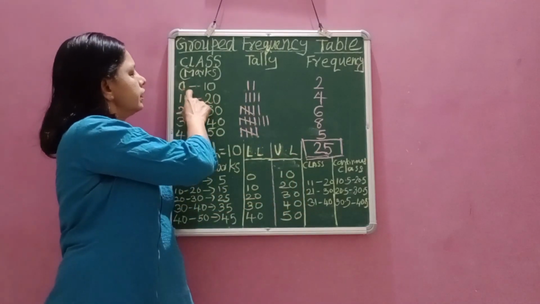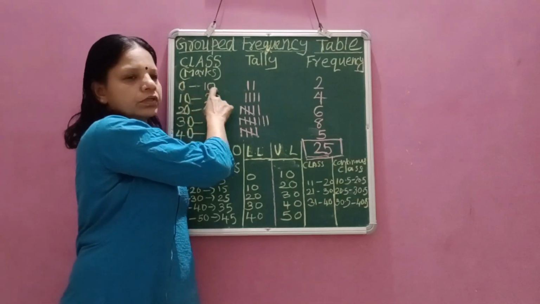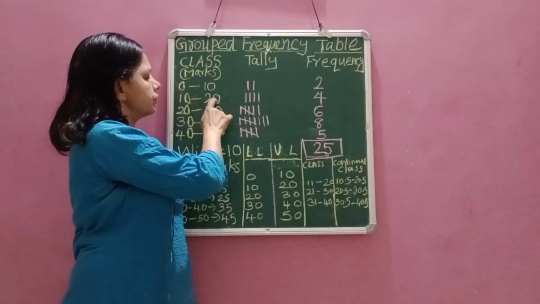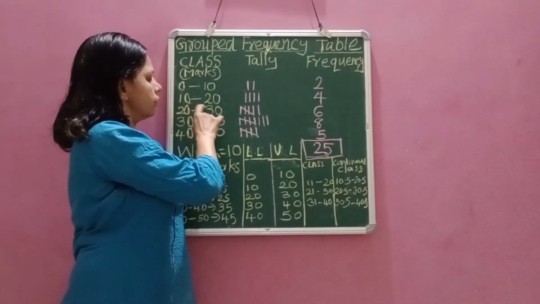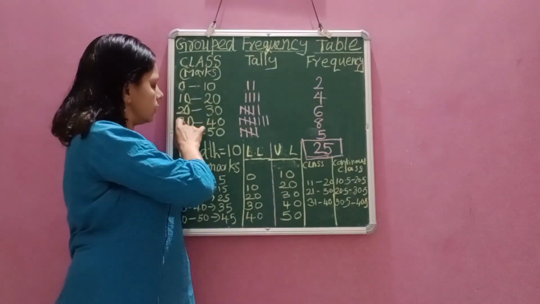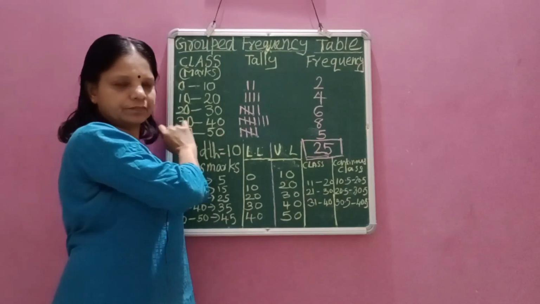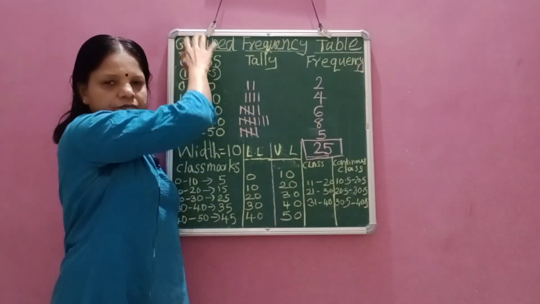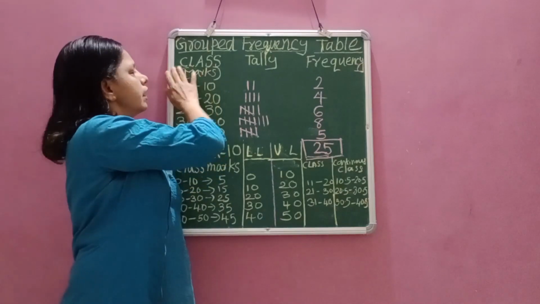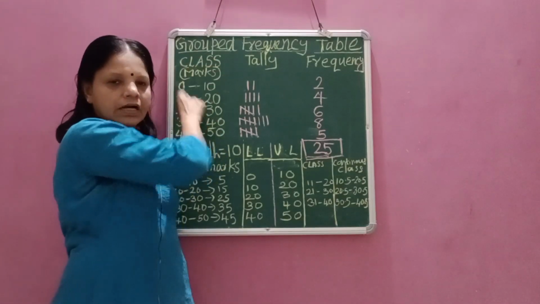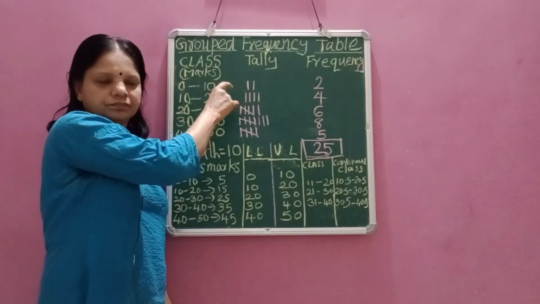So here you can see 0 to 10, then 10 to 20, 20 to 30, 30 to 40, 40 to 50, maximum 50. Instead of scores, class intervals.